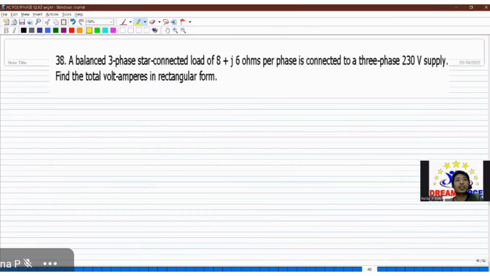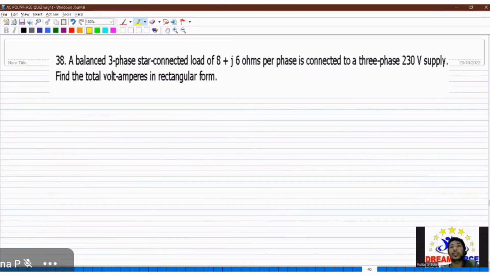Okay, so a balanced three-phase star-connected load of 8 plus J of 6 ohms per phase is connected to a three-phase 230 volt supply. Find the volt amperes in rectangular form. Volt amperes total, so meaning yung S. Okay, nagagamit na natin yan po kanina.